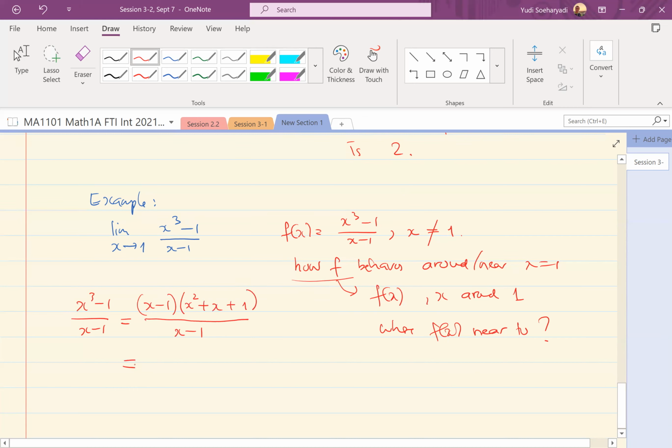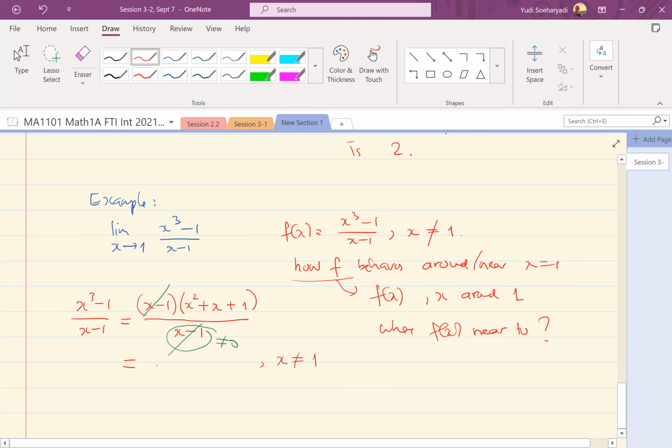And if you assume x not equal to 1, and so this is not 0, you can cancel this. Okay.